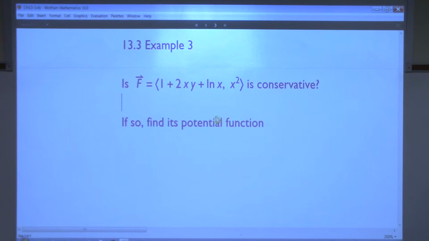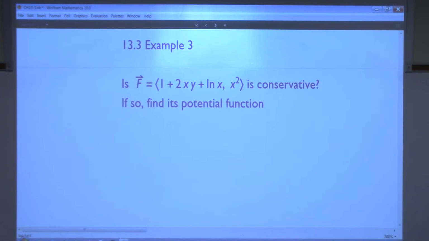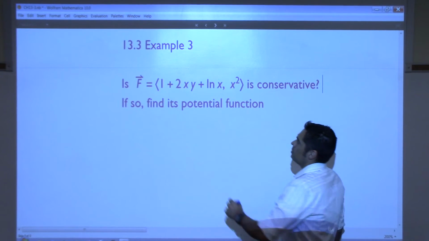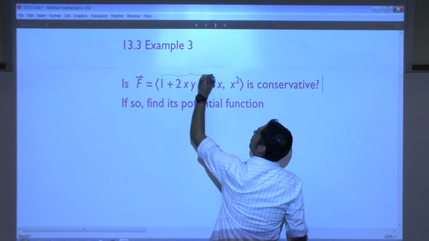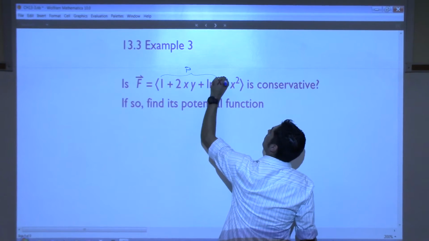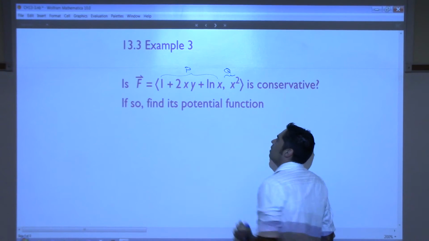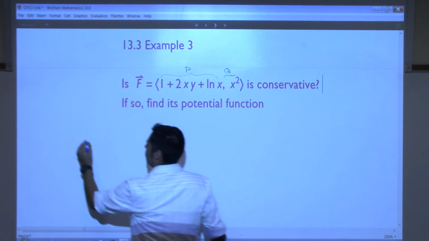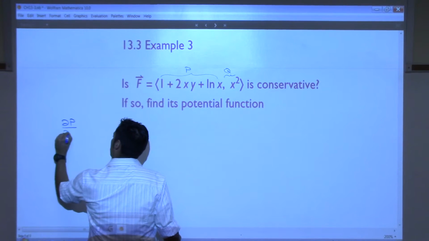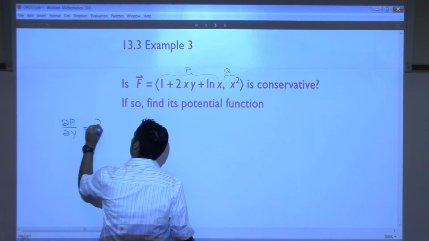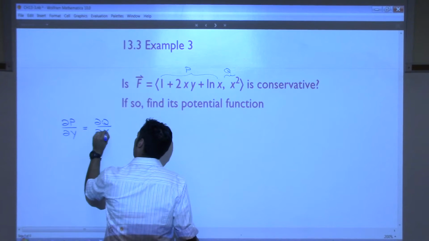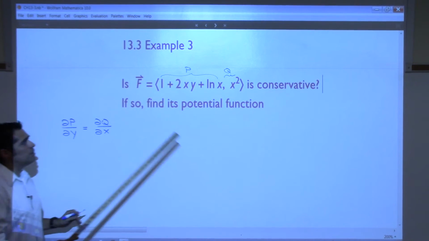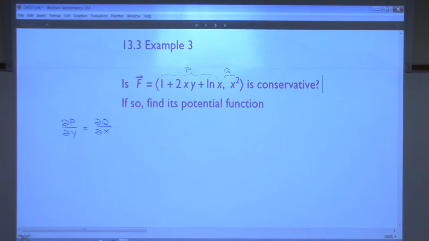So first question, is this a conservative vector field? This is a different example. Call this one right here P, call this one right here Q, and do your quick check, right? I'm going to check my partial P with respect to Y, and compare that to partial Q with respect to X. What is my partial of P with respect to Y? 2X.